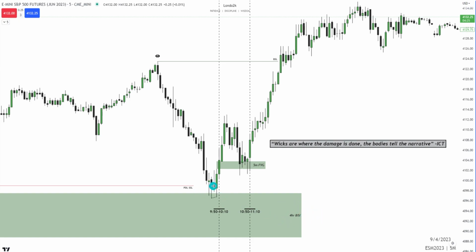At the 9:50 to 10:10 macro, we dip into the BISI and displace higher, breaking structure. Then during this hour, we consolidate, retrace lower into this 5-minute fair value gap, and into the 10:50 to 11:10 macro, we're just hovering in this 5-minute fair value gap.